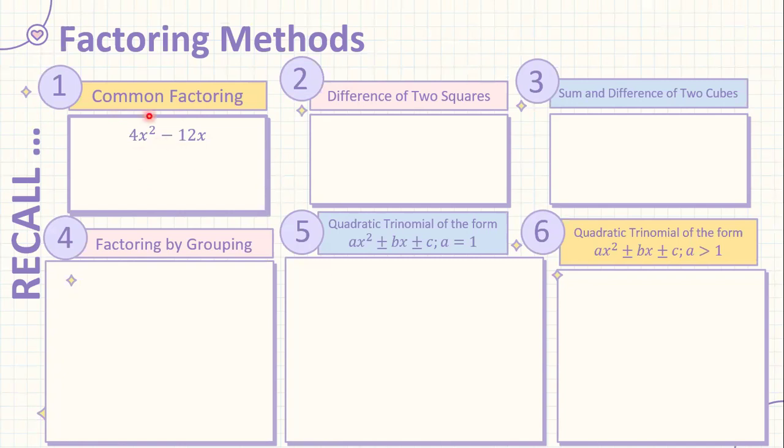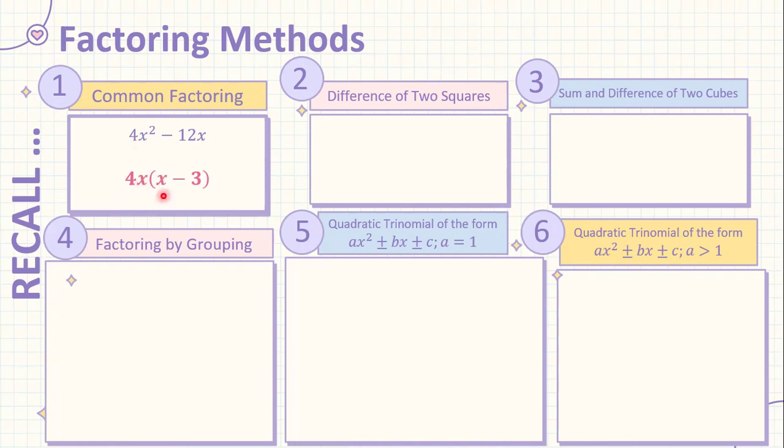How about x squared and x? Don't they both have an x? So we write that common factor outside. So we have 4x, and how did we get this x minus 3? If we have the common factor 4x, how much is left of 4x squared?